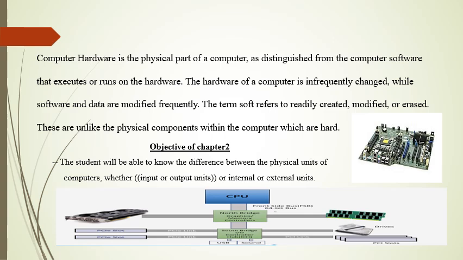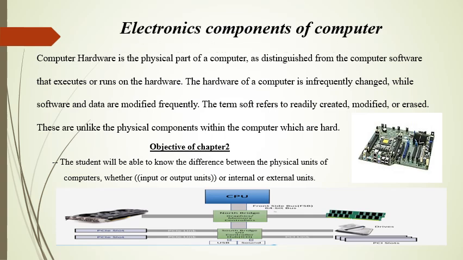The second chapter discusses computer hardware. Computer hardware is the physical part of a computer, as distinguished from the computer software that executes or runs on the hardware.